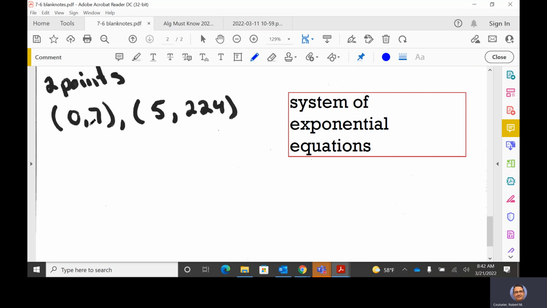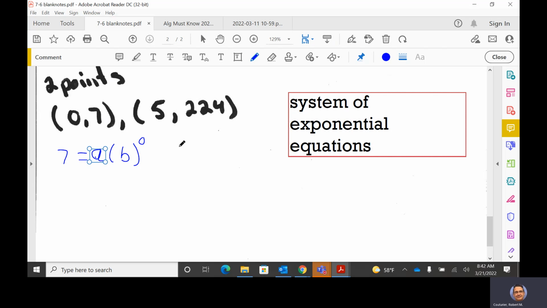Okay, so we have, there's our y. 7 is equal to A times B, and our x is the 0 up here.